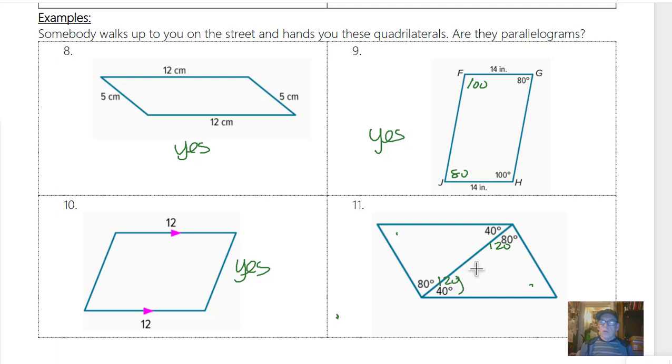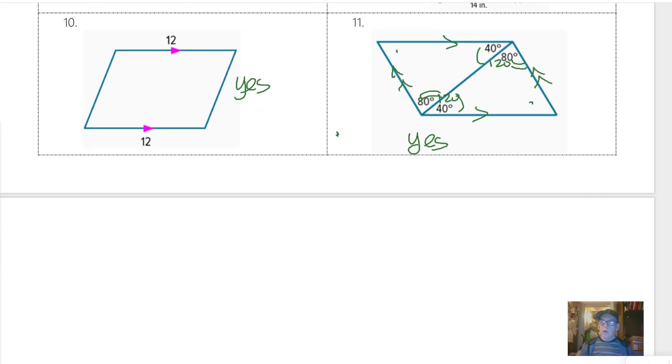Okay, here we have a pair of alternate interior angles congruent. That means that those sides are going to be parallel. Going this way, we have another pair of alternate interior angles congruent, which shows that those sides are parallel. So here we have two sets of parallel sides. That's also a yes. I think that's all for those.